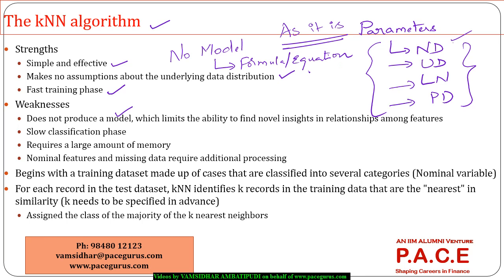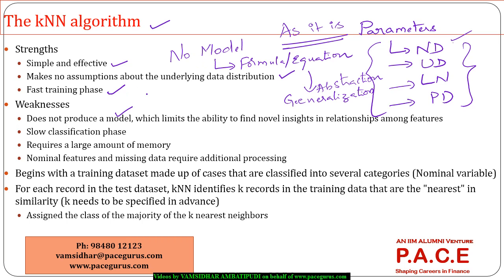So there is no generalization phase in this particular mechanism at all. There is no abstraction phase at all, because I am not creating any kind of a formula out of the data that I am being provided.